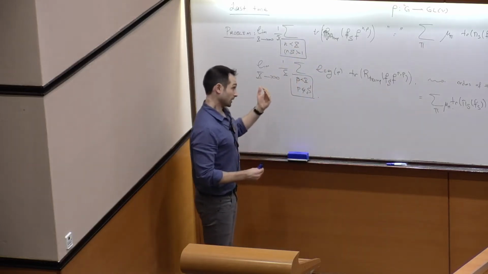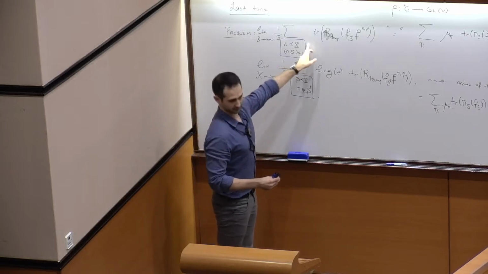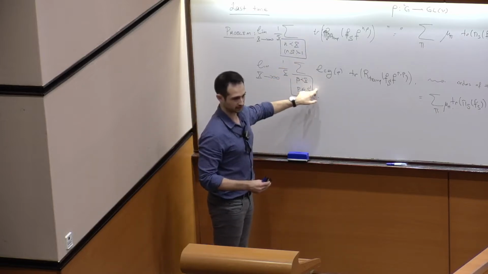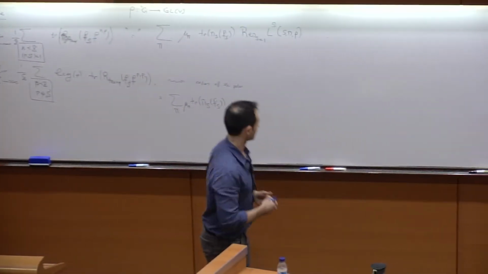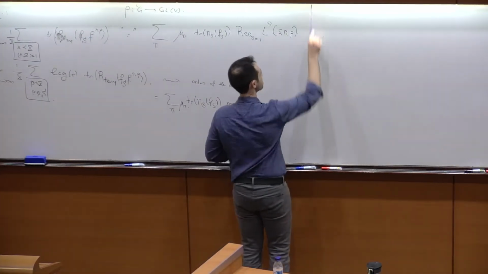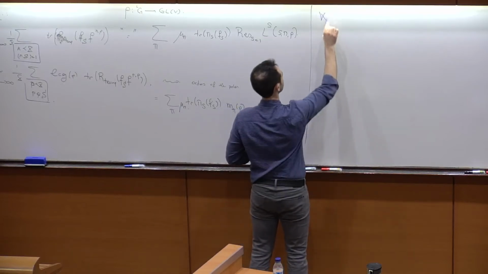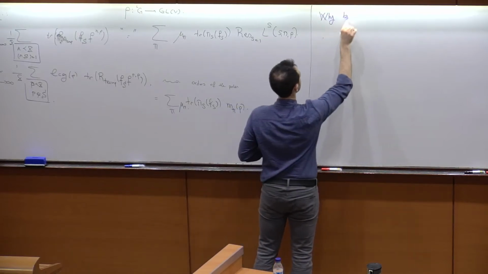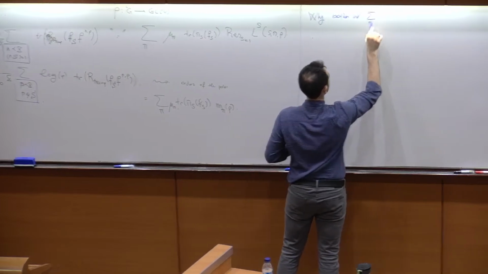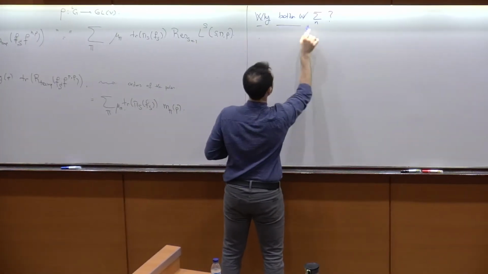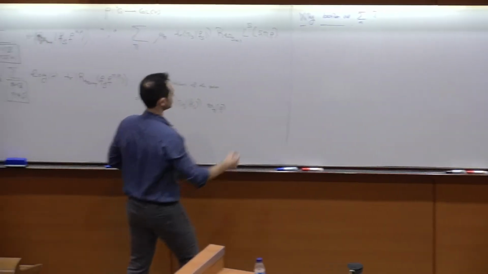Well, then you would ask, why bother with this? Why not take this? The reason is very much analytic, and maybe a motivation is the following. Why bother with the sum over n, the whole integers? The situation to keep in mind is the following.